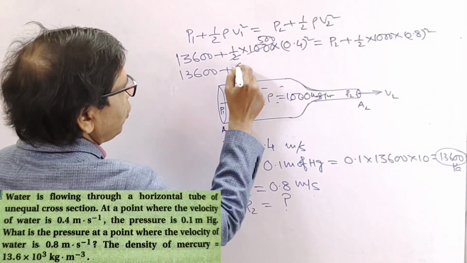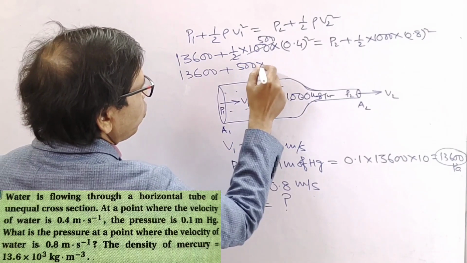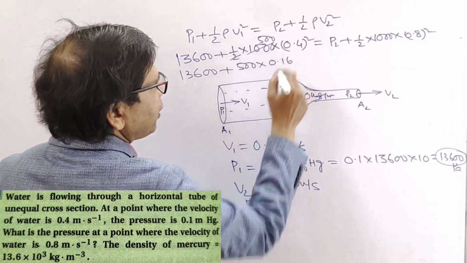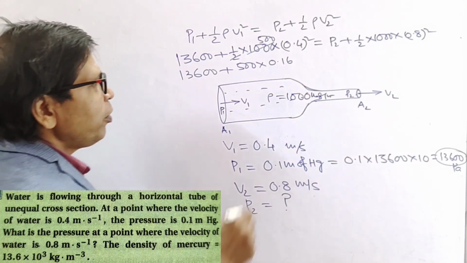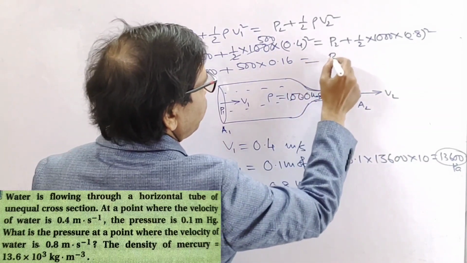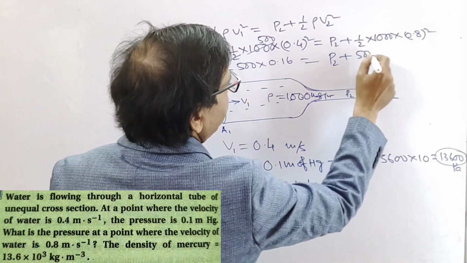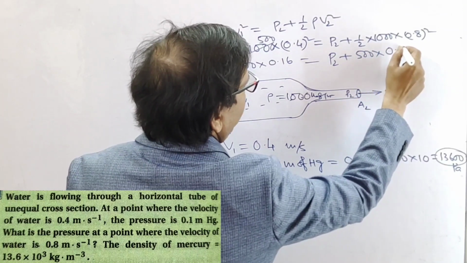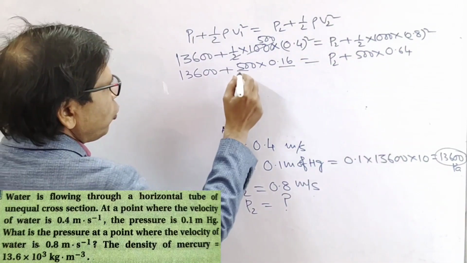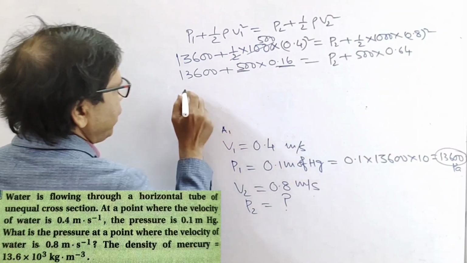13600 plus 500 into 0.16 equals P2 plus 500 into 0.64. So this into this is 80.